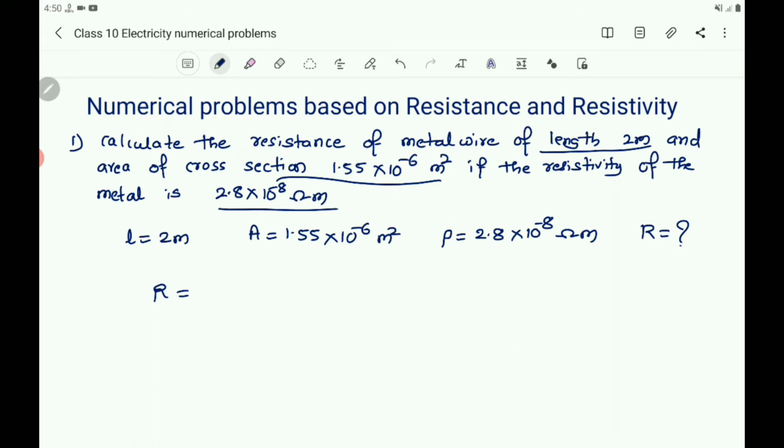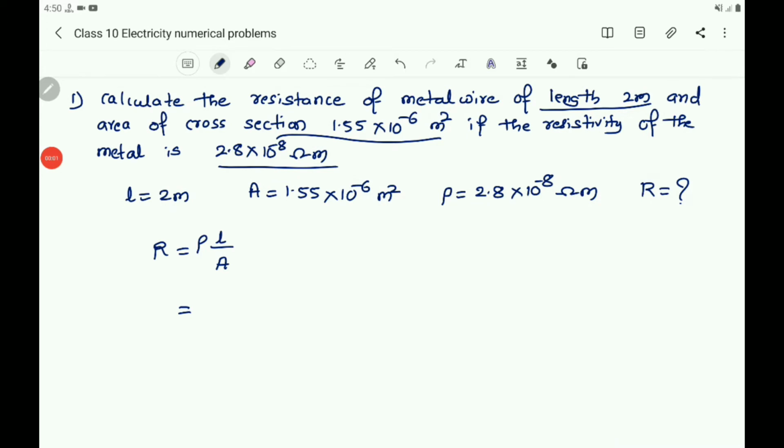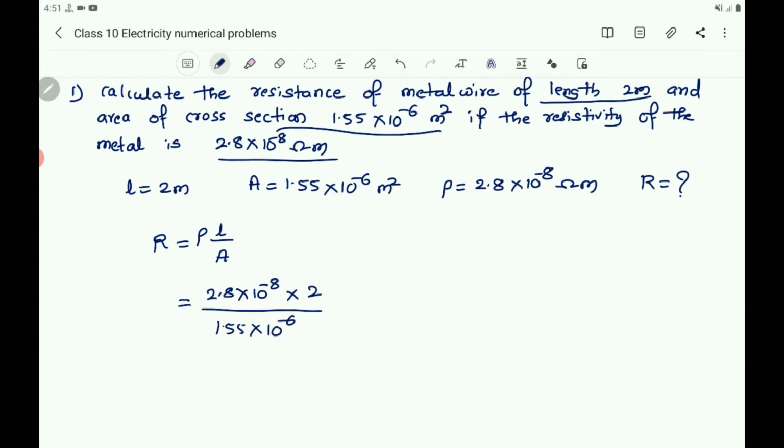That is R equals rho, resistivity, into L by A. That equals resistivity, you write 2.8 into 10 power minus 8 and L is 2 meter, write 2, that divided by A is 1.55 into 10 power minus 6.